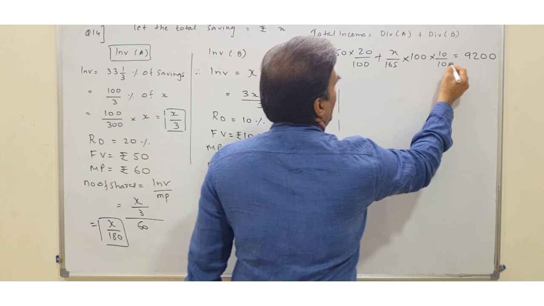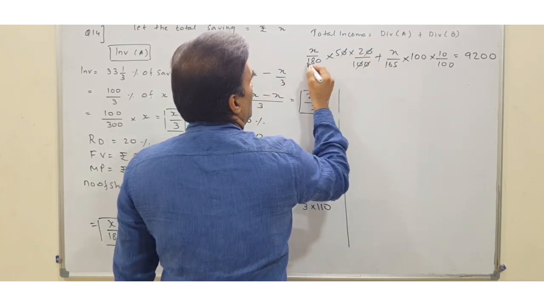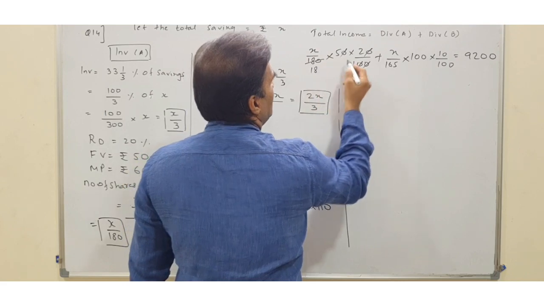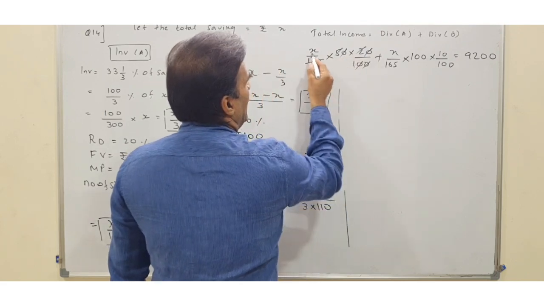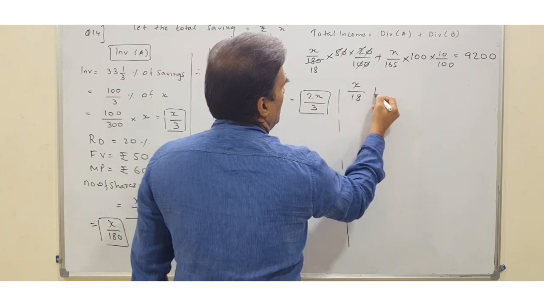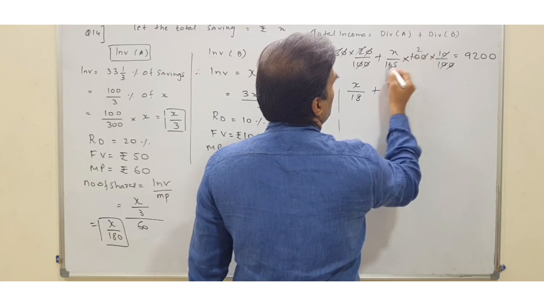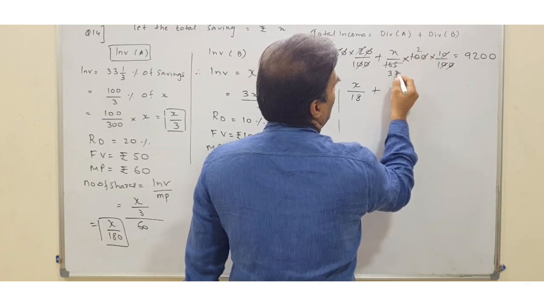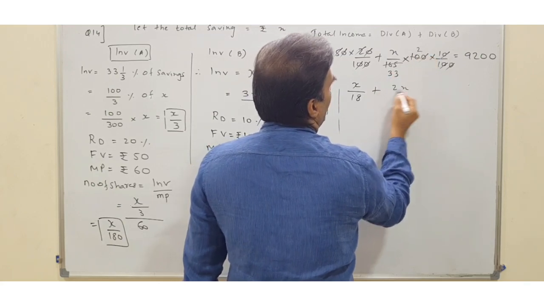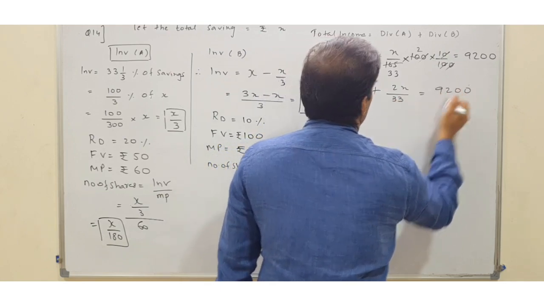It will be a simple linear equation. So we are left with X upon 18 plus 2X upon 33, which is going to be 9200.